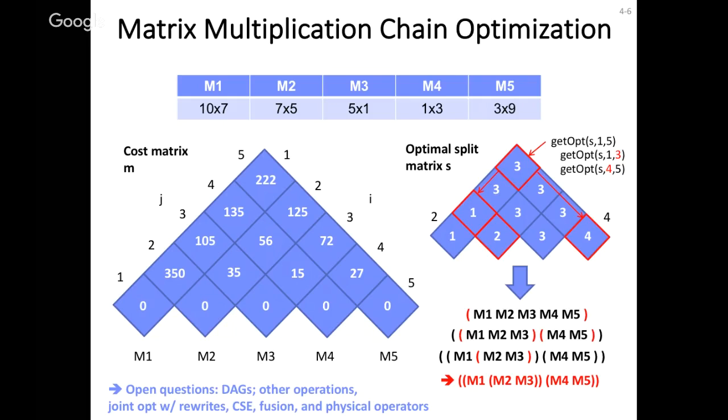Now, the open research questions here are how to extend those kinds of dynamic programming algorithms for DAGs of arbitrary matrix multiplies, including other rewrites such as common subexpression elimination and other operations such as element-wise operations, transpositions, and similar things that currently split entire chains of operations into subchains that are optimized individually.